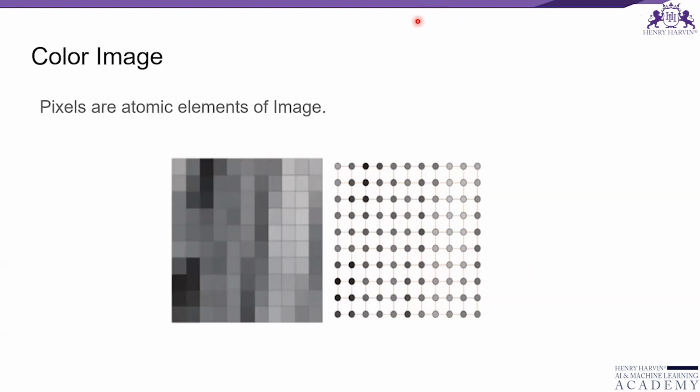Let me give an example now. Say, for example, a computer with a display resolution of 1280 into 768. So 1280 into 768, what do you get?